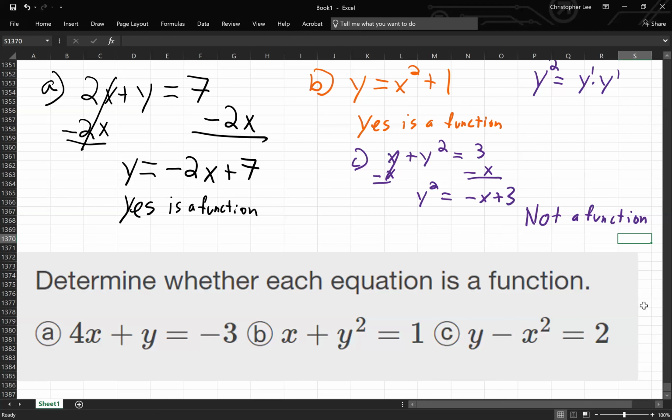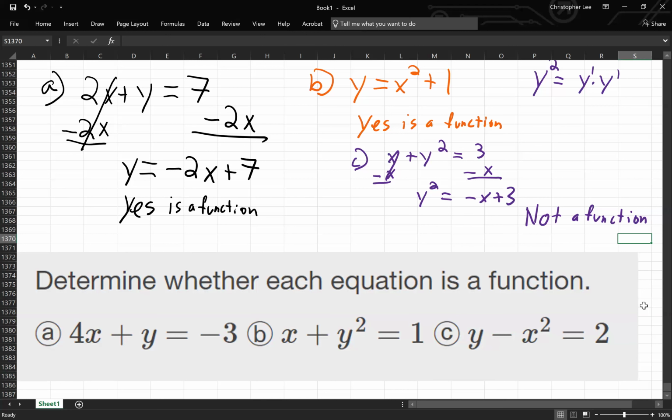Oh, I got 7x for the first one? No, that is one. Can you solve for y? No, that's not good. You can't combine 3 and 4. They're different.